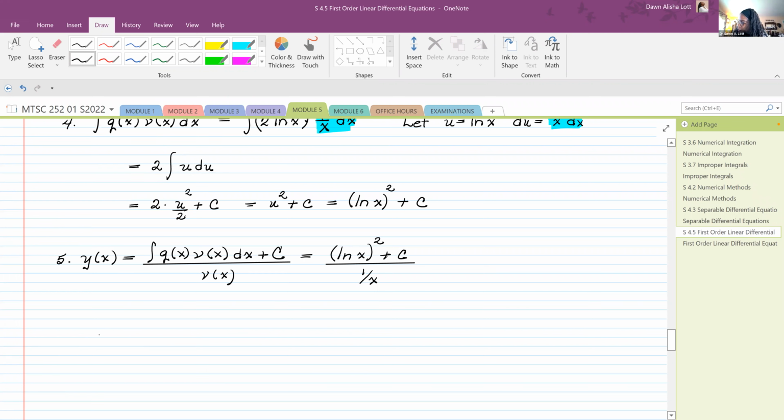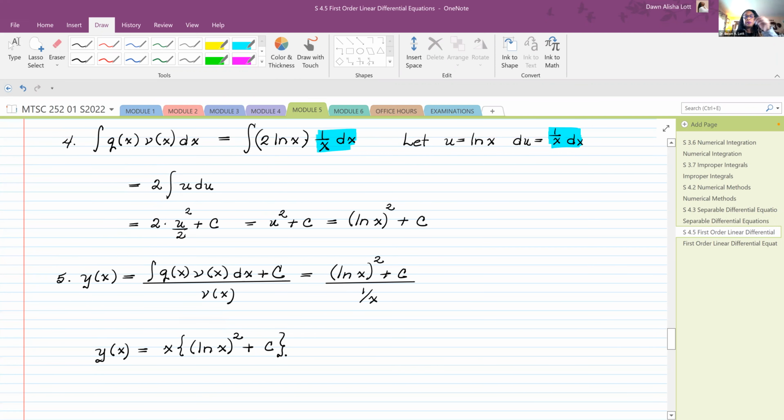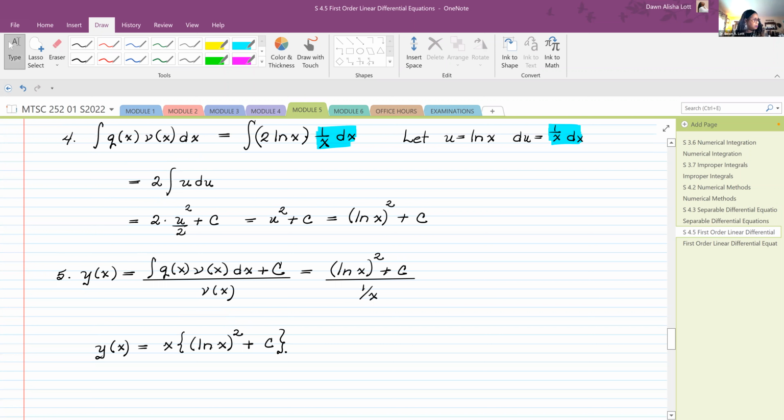So therefore, my solution y of x says take the x and multiply it by the natural log of x, quantity squared plus a constant, and we are done. And again, they did not give us an initial condition, so we cannot solve for the constant.